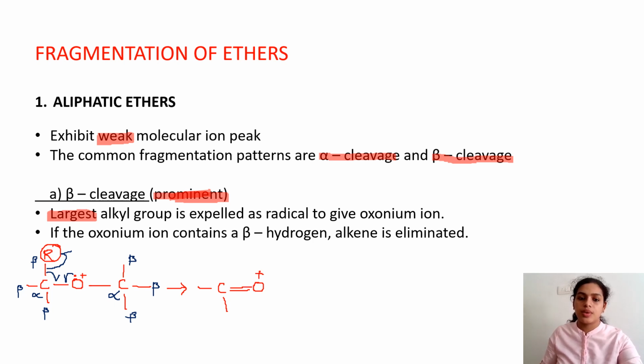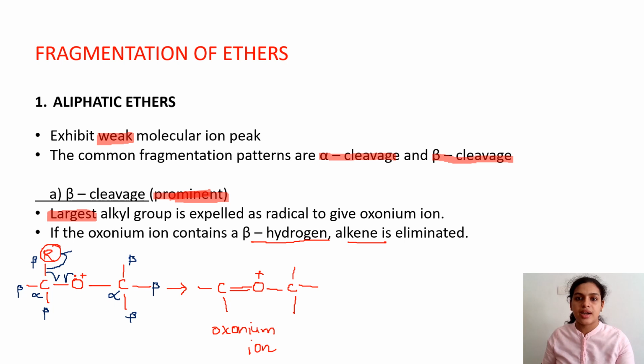These are the 2 branches, and this is called an oxonium ion. The C double bond O plus ion is called an oxonium ion. And see the next point: if the oxonium ion contains a beta hydrogen, an alkene is eliminated. If the oxonium ion doesn't contain a beta hydrogen, the fragmentation stops here.